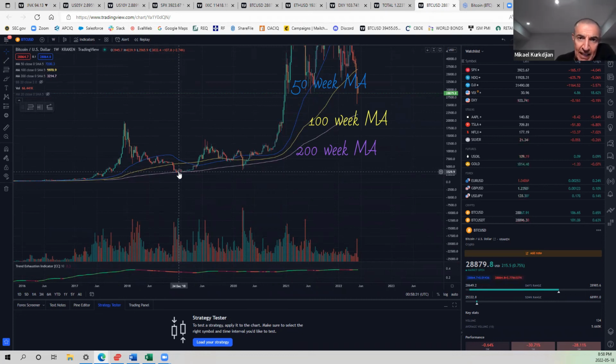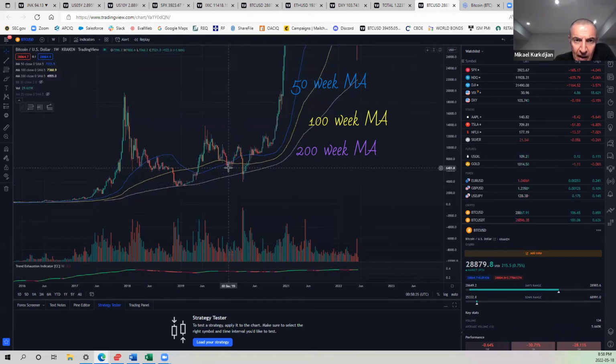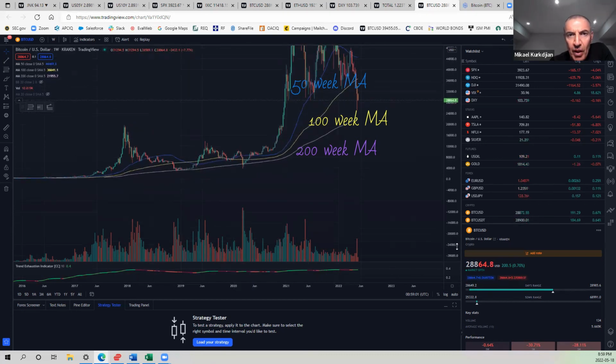Then, fast forwarding to the next cycle, we hit the 100-week moving average, as well as the 200 and the 50-week moving average, and then we bounced up from there. Afterwards, when it broke these moving averages on the way down, we went below the 200-week moving average, but this was just a wick, and it bounced right back up, and then we had this beautiful bull run.